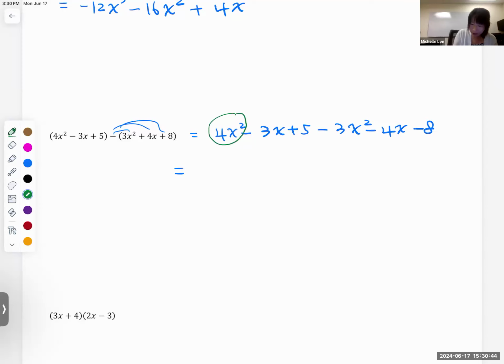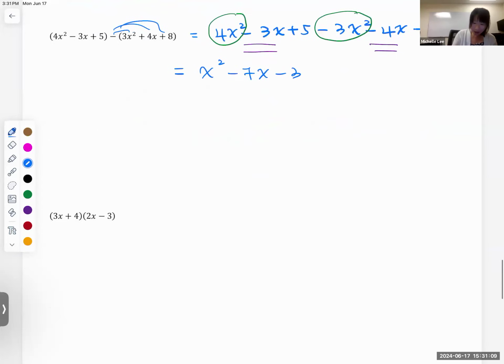So what do you get? We have 1x squared. Normally we don't put the 1 in multiplication. And then this is a like term, so we have negative 7x. And then the constant term, which is negative 3, right?